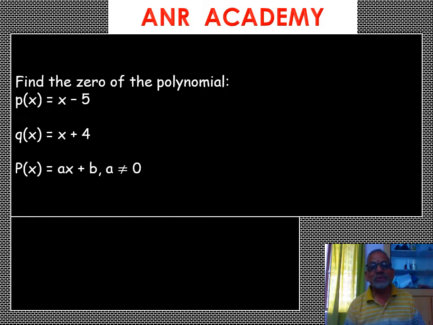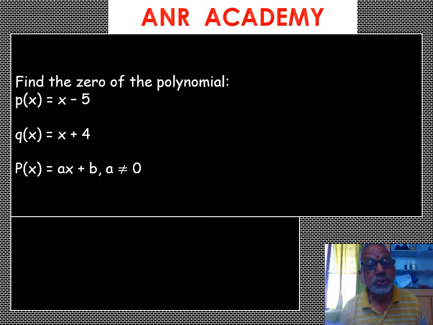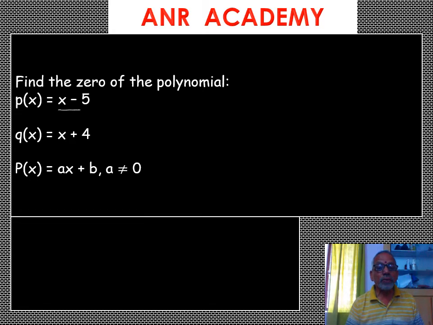Find the zeros of the polynomial. I told you, what is the zero of a polynomial? That value for the variable which, when you replace it, makes the polynomial equal to 0. So for x minus 5, you have to find the value of x in such a way that x minus 5 is 0.